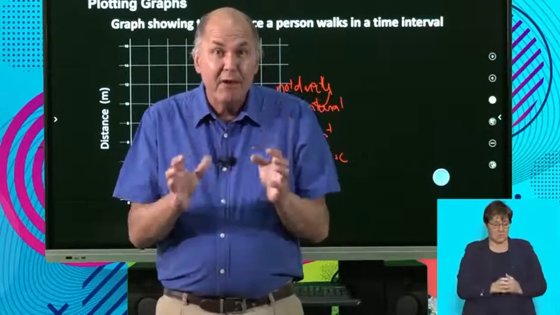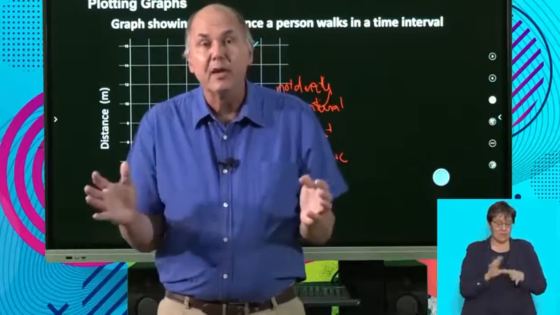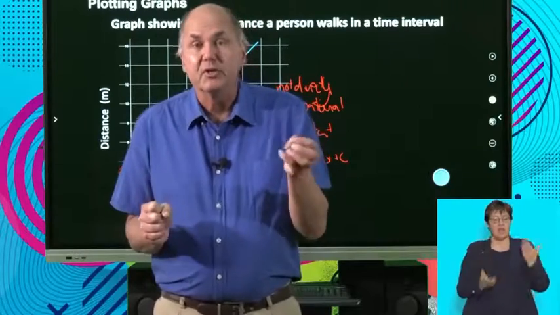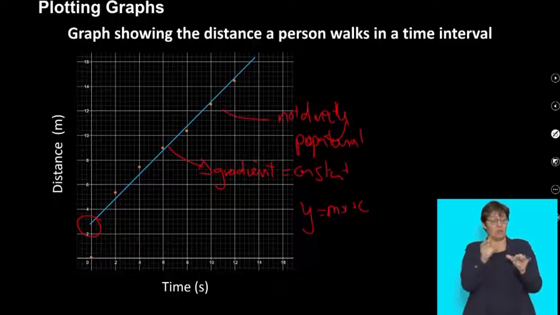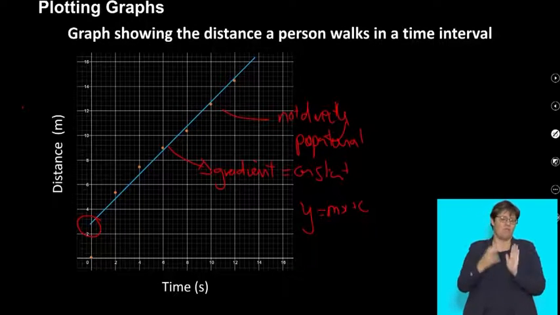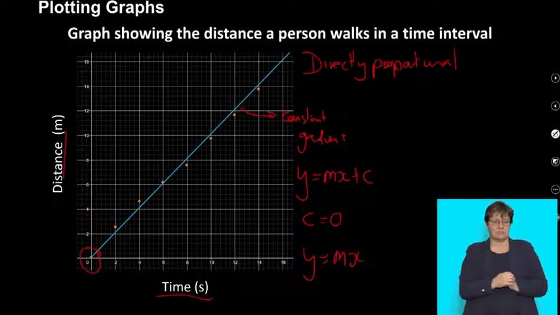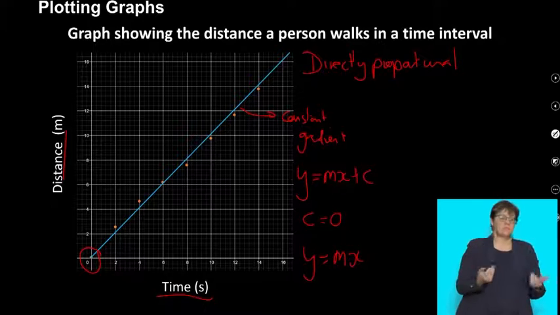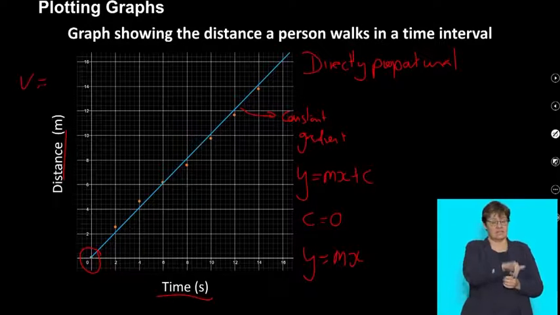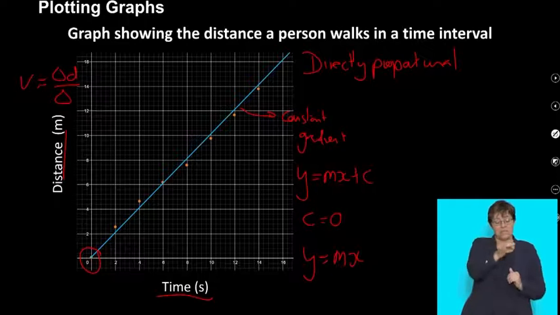So that's very important for you to understand, that when we've got these sort of relationships, the equations are going to look a little different. Whereas when it's directly proportional, like in the previous graph, we can put it into an equation where we say something like this: velocity is equal to the change in distance over the change in time.